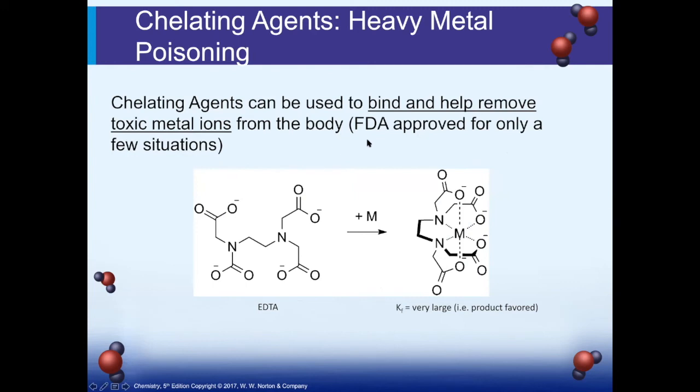If someone is suffering pretty severely from lead poisoning, you can dose them with EDTA, and what happens is the EDTA will find that lead and bind with it, right? And so it forms this complex that's no longer toxic because that formation constant, the equilibrium constant that governs the formation of this product, is a very large number. Okay, so it's very product favored, and so that's why it works. It works to get rid of heavy metals, toxic metals from the body.